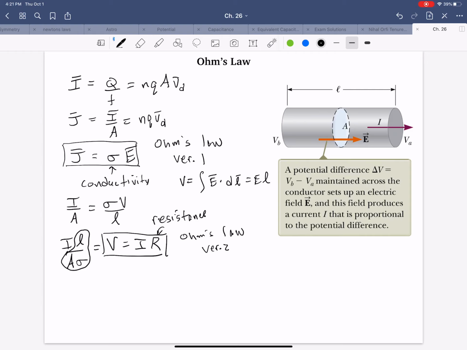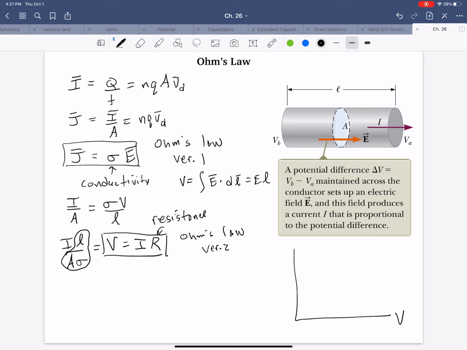But if you connect a certain length of wire, a certain thickness of wire, and a certain material to a battery, the flow of charge will be directly proportional to the voltage supplied. The resistance is completely independent of either of those, and that's the important thing here. The resistance R is independent of the voltage or current. It's its own value.